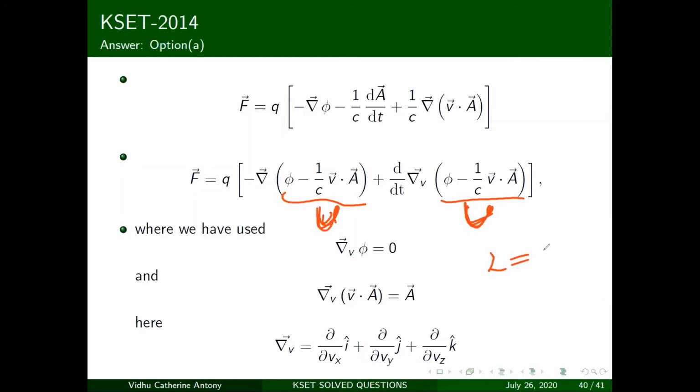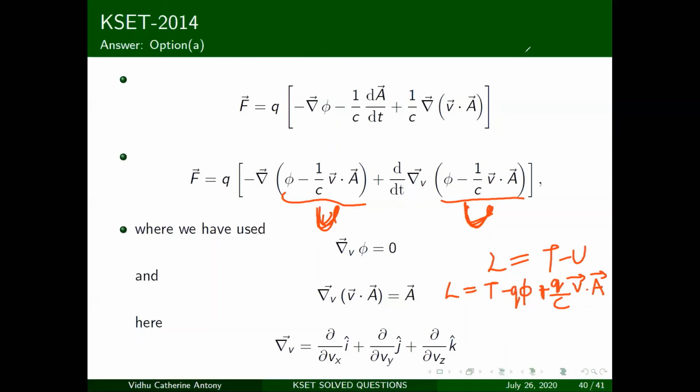The Lagrangian is equal to T minus U. So you end up getting L is equal to T minus phi minus 1 divided by c v vector dotted with A vector. That's going to be a plus because you have something like this, and you also have a q outside, so I will multiply this with a q.